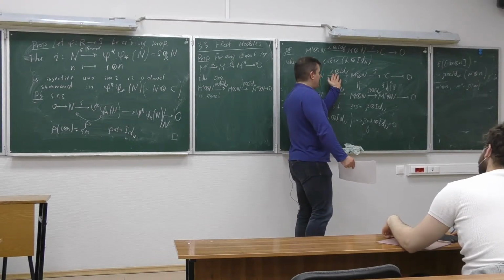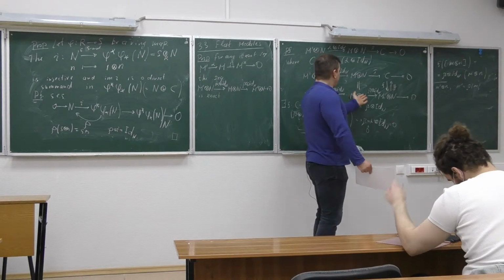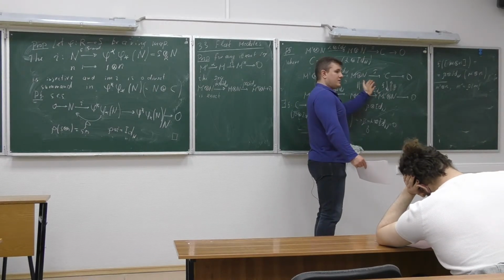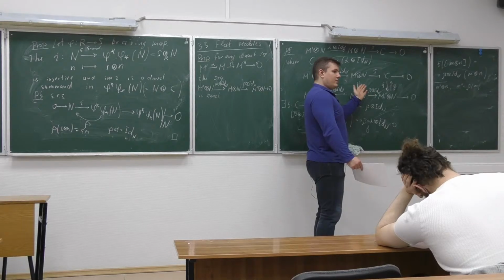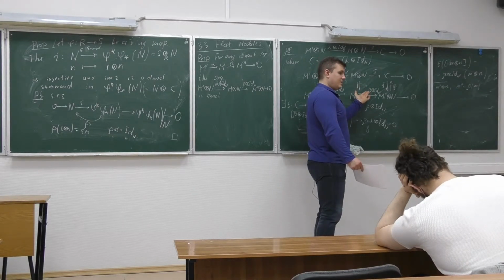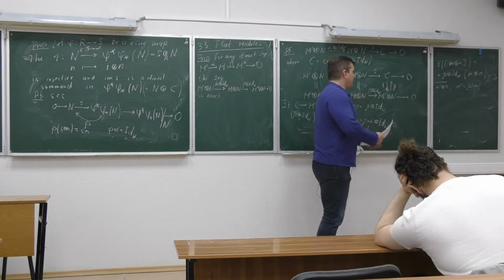But if you apply this map beta, we know the image lies in the kernel. So that's why we don't break anything.